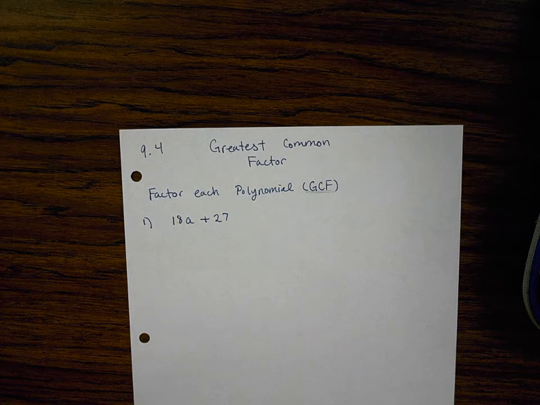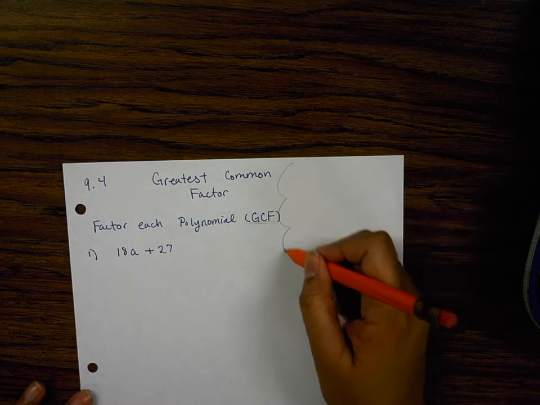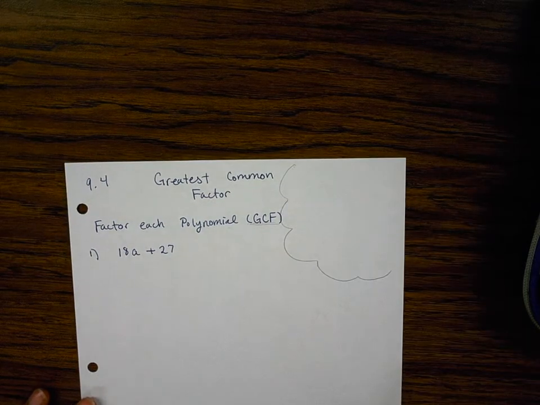Now, if you remember, I told you guys in our last class, that was Monday, that we were going to be working backwards. I'm just going to bubble it over here because I didn't make a section for a review.